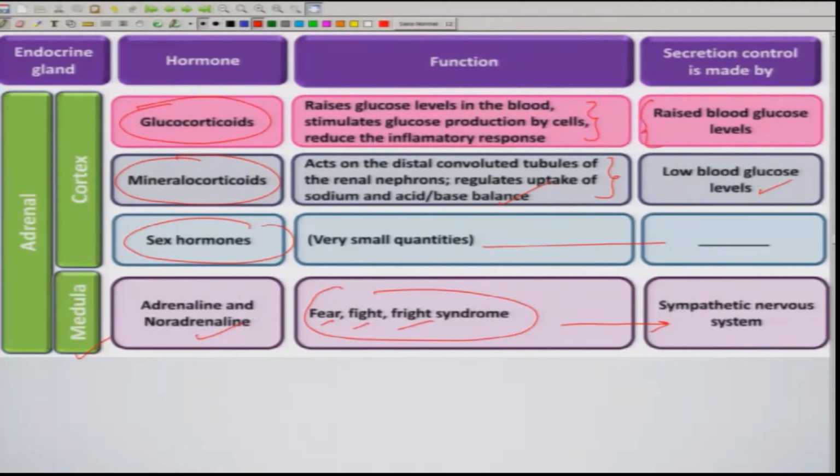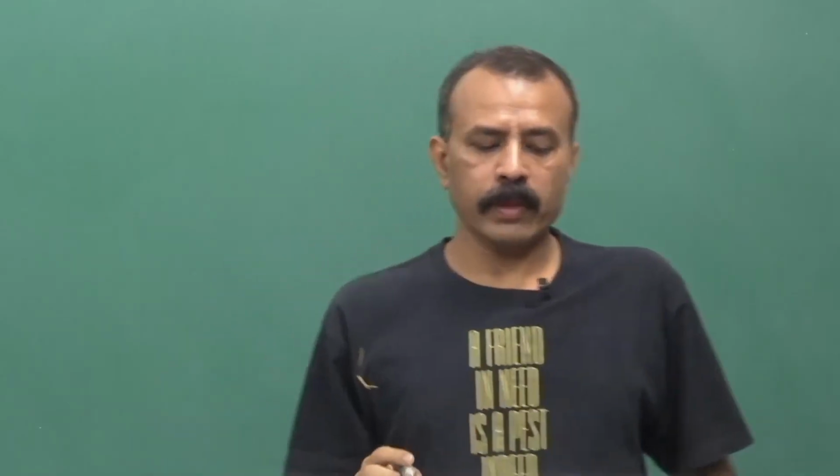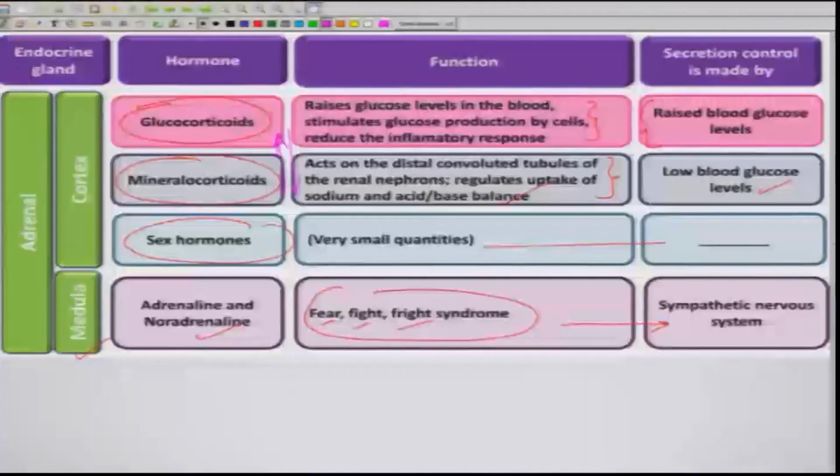What you can observe here is a very interesting part: there are opposite reactions happening between glucocorticoids and mineralocorticoids. So this is how the glucocorticoids and mineralocorticoids function.